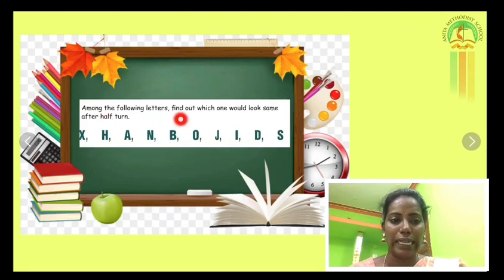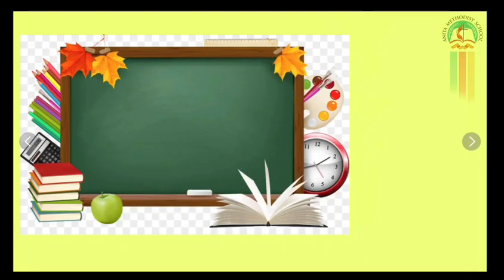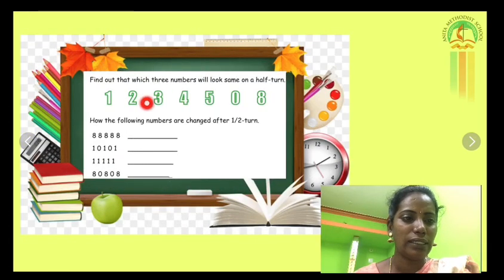Among the following letters, find out which one would look the same after a half turn. The letters given are X, H, A, N, B, O, J, I, D, S. The answers are X, H, O, I. Children, find out which three numbers will look the same after a half turn.